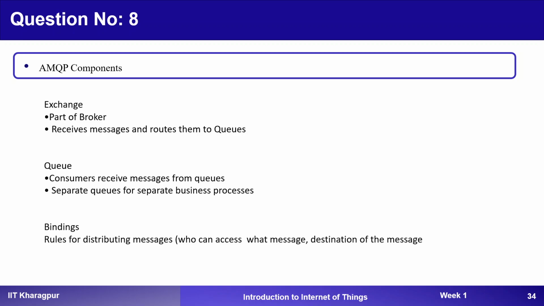So the data of different business processes gets stored in different queues, and after that, bindings are the rules which are used to distribute these messages to the end users. So the right option is AMQP.